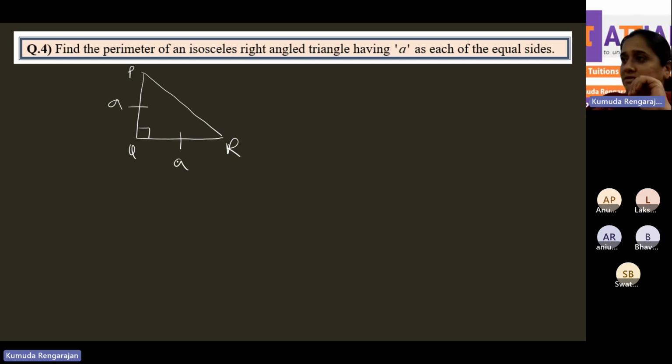Okay, so we know two sides. How will you find the third one? Tell me the theorem. What's the equation? Complete this: PQ square. That's not a formula. AC square is equal to AB square plus BC square is not a formula. I have named the triangle PQR.